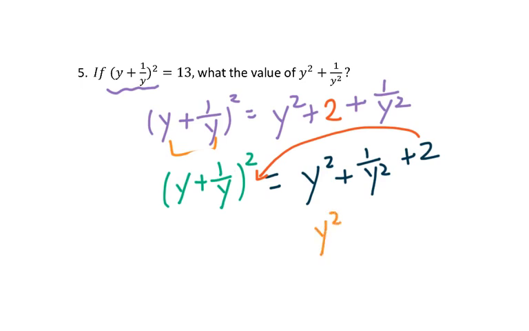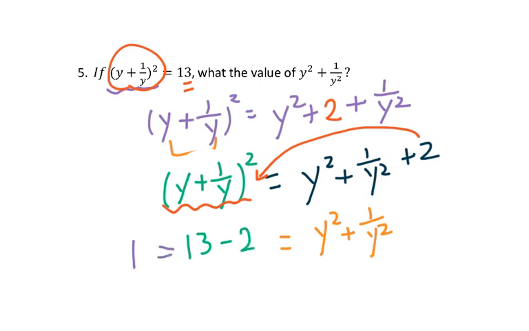Therefore, y squared plus 1 over y squared equals 13 minus 2. Therefore, you will get 11. So 11 will be the answer.